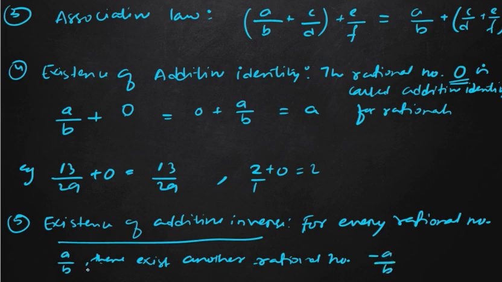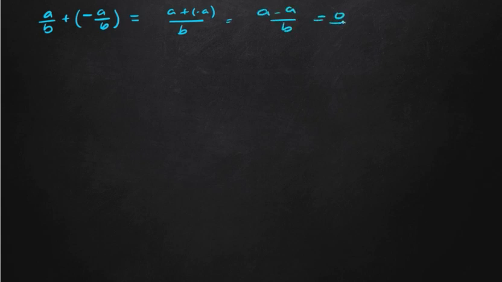Okay, if the first rational number is positive, then its inverse will be negative a by b, such that a by b plus its inverse will give us 0. How 0? Because the denominator is same. So if we add the numerators, what we will get? a minus a is 0, 0 by b, it is 0.